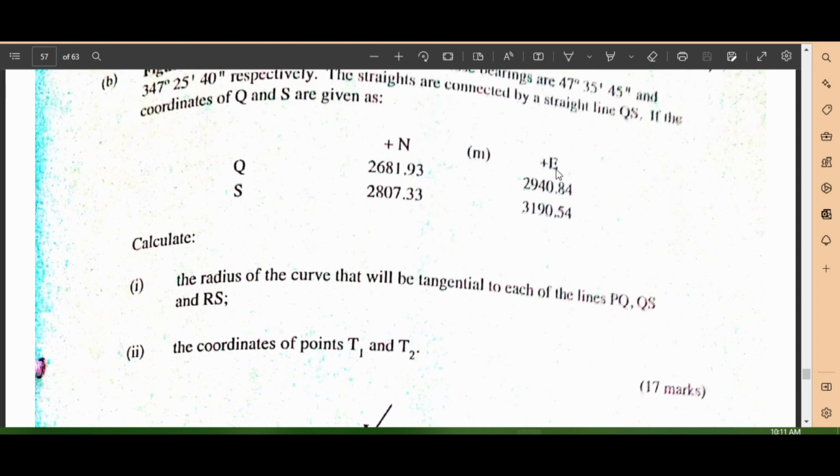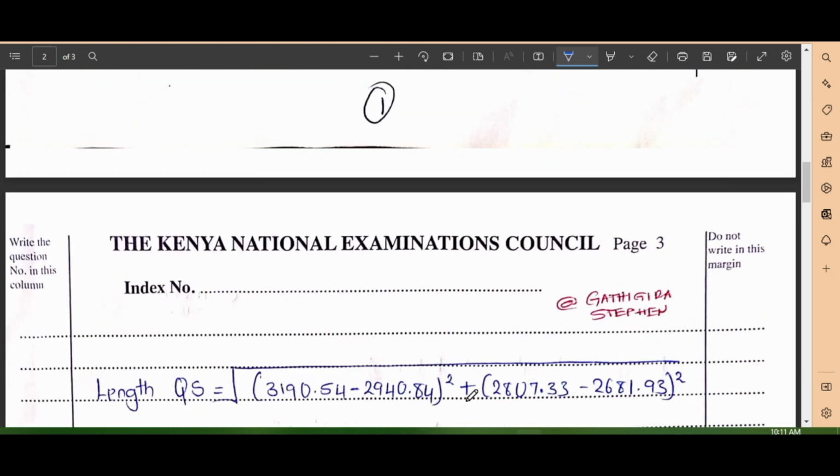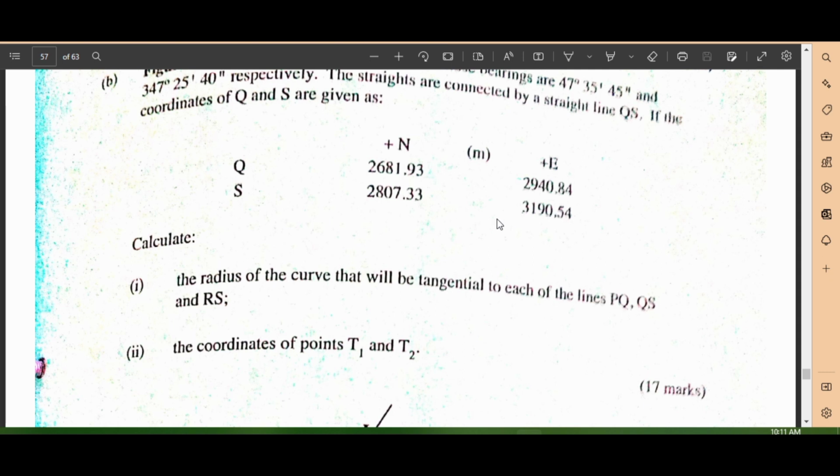So I subtract the coordinates for the easting, my answer I square it, then I subtract the coordinates for the northing, and my answer I square it, then the final answer will have an addition. So this is the coordinates for the easting.